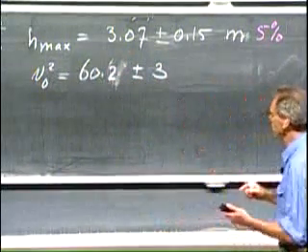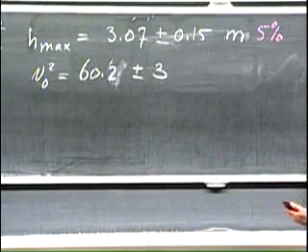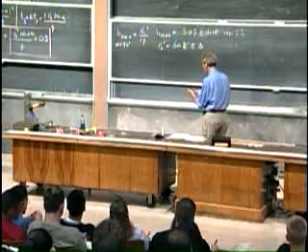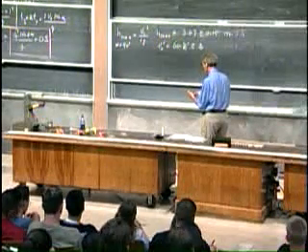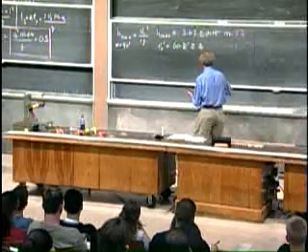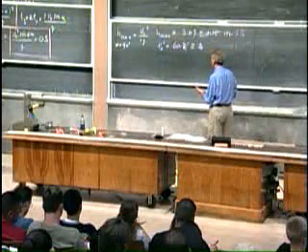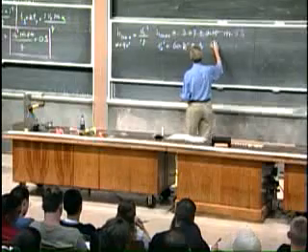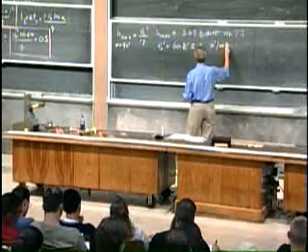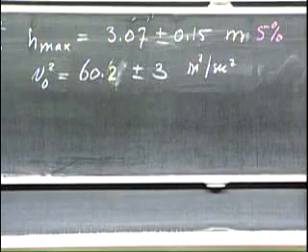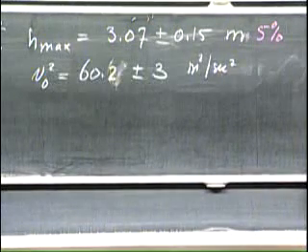Would you please confirm that I didn't make a mistake? 3.07 is H max. I multiplied by 2 by 9.8. The 60.2 is a 5% error, and a 5% error is indeed 3. This is meters squared per second squared. I don't care what v0 is, because if we're going to measure, all I need is v0 squared.